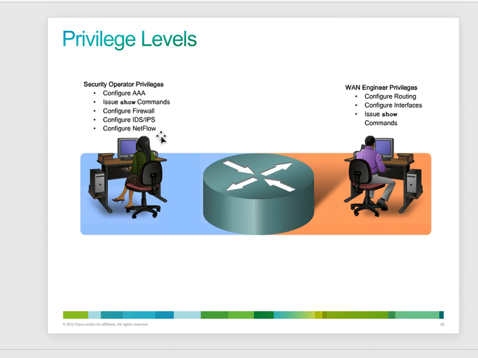Now for engineer privileges. If you're an engineer that is running the wide area network for the company, what we configure for you is the routing, the whole routing, the routing protocol and everything. Configure the interfaces. The engineer has to be able to configure or enable all the interfaces and issue show commands.